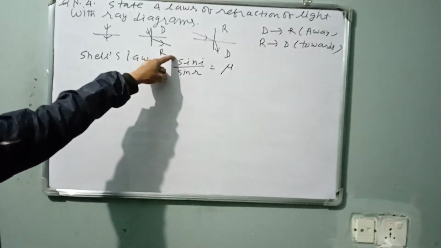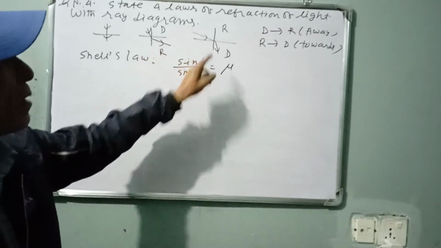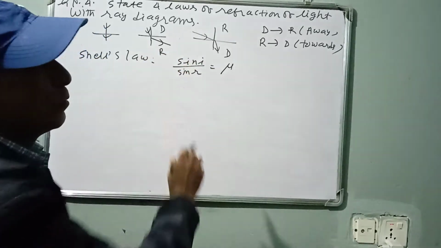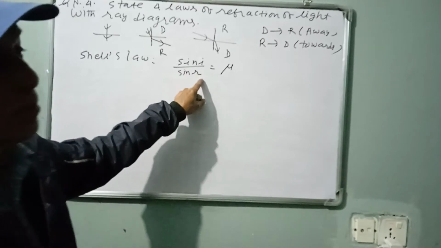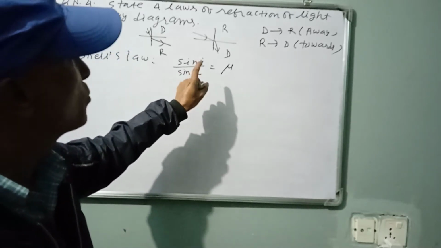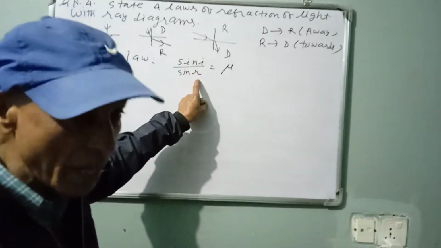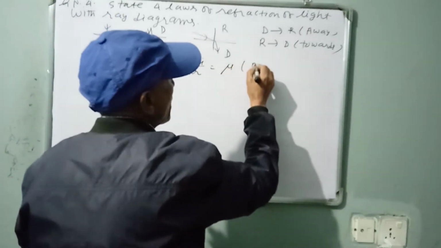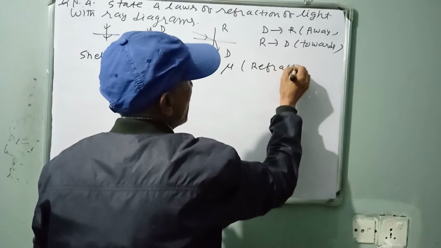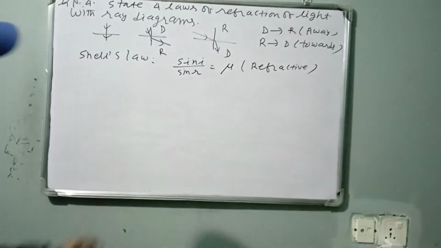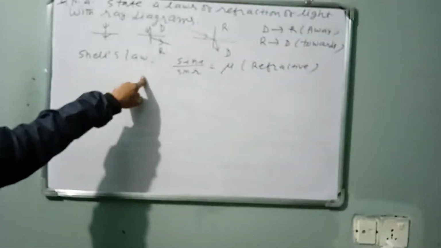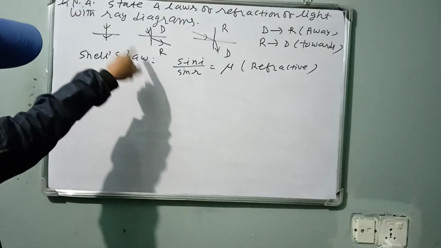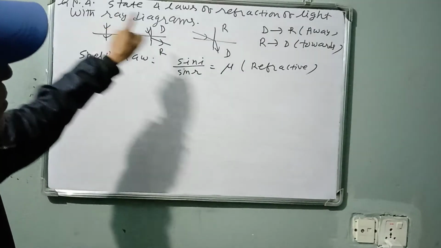The ratio of the sine of the angle of incidence to the sine of the angle of refraction for any two given mediums is constant, and that constant quantity is called the refractive index. That is Snell's law. But Snell's law fails when the angle of incidence is 90 degrees.